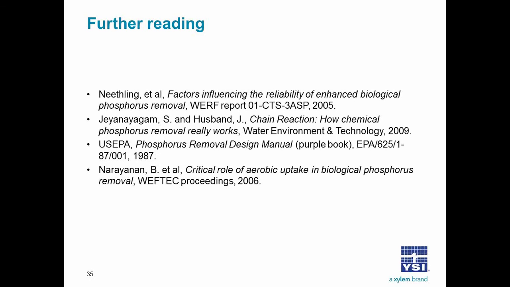The problem with chemical, though, is although it's simple to add chemical, the effects are the cost of the chemical, for one, alkalinity consumption another, especially as you're trying to get to lower and lower effluent, more and more chemical is needed, and it could harm the nitrification process, which is a real problem. But also, as we've already talked about a little bit, is the sludge production.